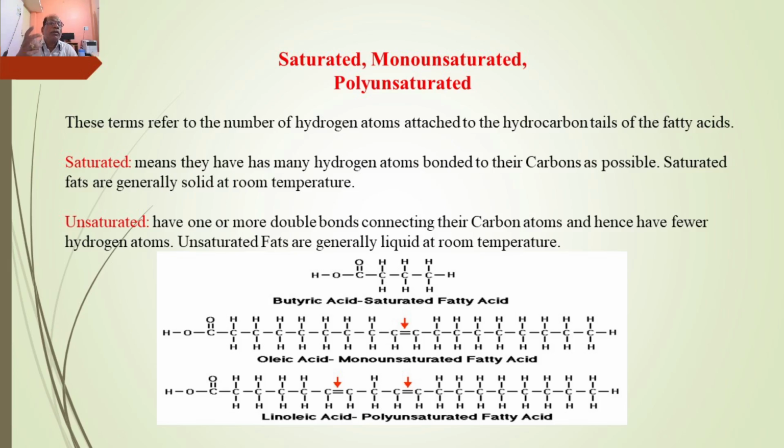One double bond between the carbon atoms, or two double bonds, represents monounsaturated and polyunsaturated fatty acids, whose examples are oleic acid and linoleic acid, while butyric acid is a saturated fatty acid. So this is about saturated, monounsaturated and polyunsaturated fatty acids or lipids.